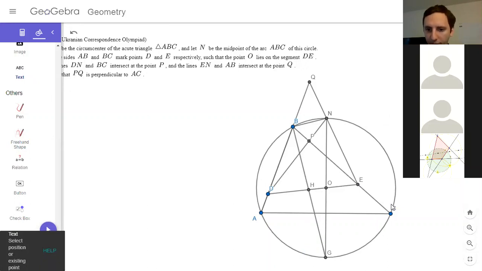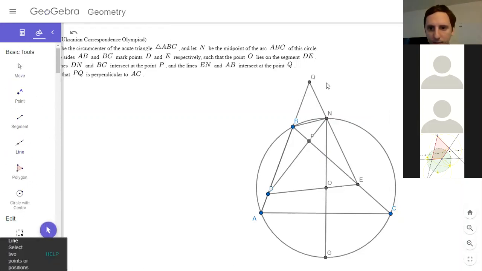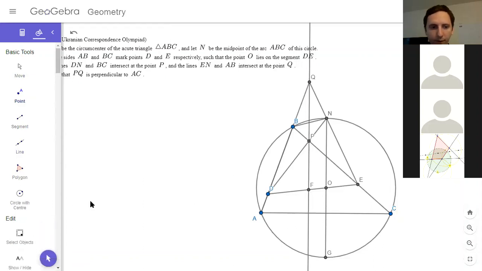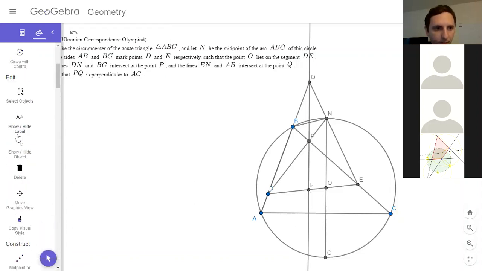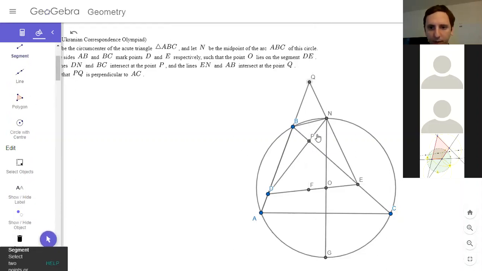So NAGC is harmonic, and if we project through B, okay, so you want to let PQ meet DE at H', right? Yeah. Okay. I'll just call it F for now. Let me just make that a segment instead of a line.